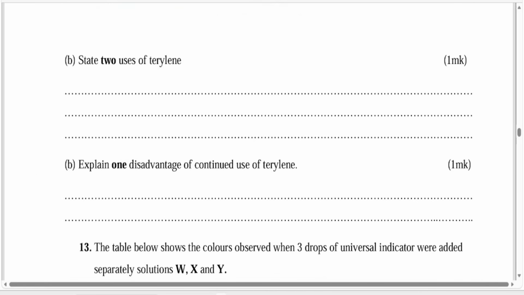Part B of the question, state two uses of terylene. Terylene is a polymer and it has several uses. In the textile industry, it's used to make fabric. It is also used in making conveyor belts.